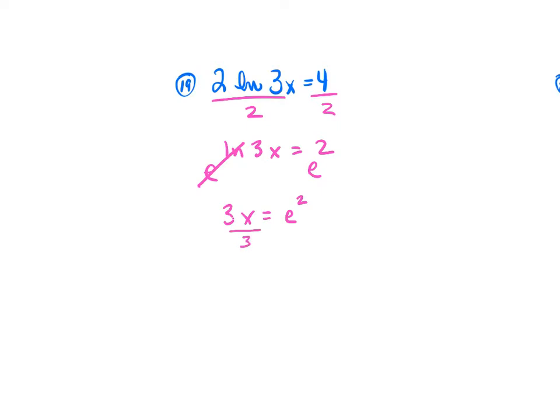And then we divide by 3. So x is equal to e squared divided by 3. Okay. 2.463.